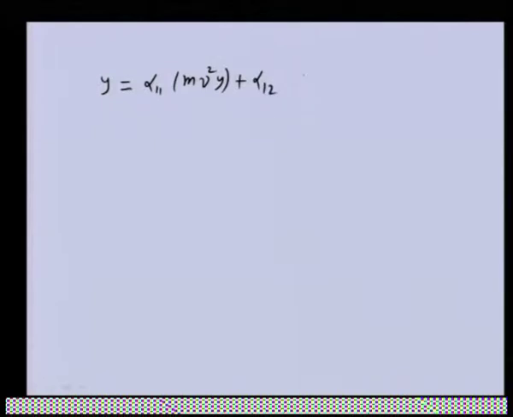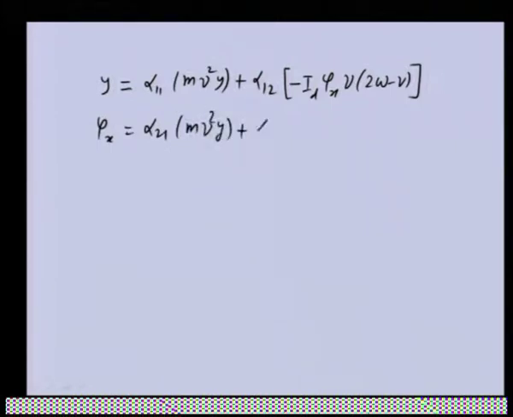We will be substituting the gyroscopic moment with minus sign to take care of the sign convention. Then phi x equals alpha 21 m nu square y plus alpha 22. Here also we need to keep the minus sign.